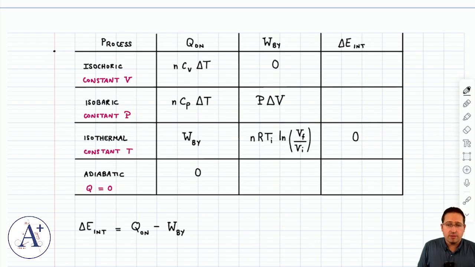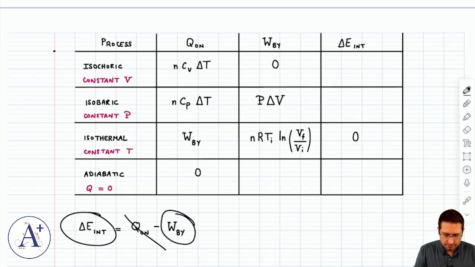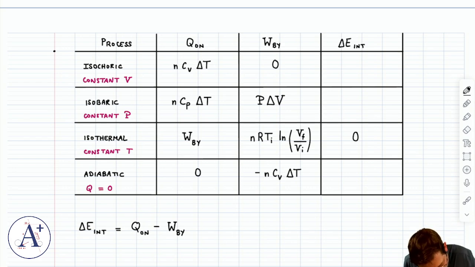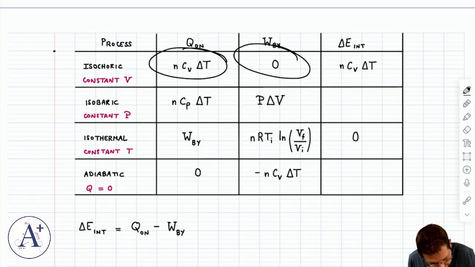And adiabatic, well, okay, if Q is equal to 0, then work by is minus delta E internal. And what we said before is delta E internal is always nCv delta T. So minus delta E internal is minus nCv delta T. And so, final column, delta E internal here is going to be equal to nCv delta T. Remember, it's this column minus this column.